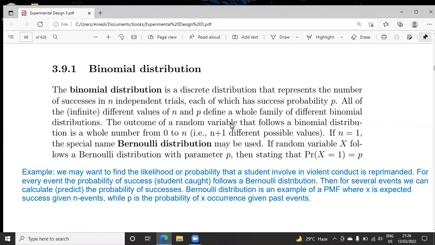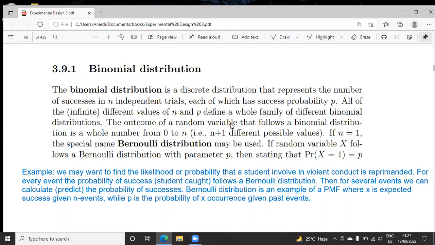For every event, the probability of success, a student being caught if involved in violent conduct, let's say it follows a Bernoulli distribution, then for several events, we can predict the probability of successes.